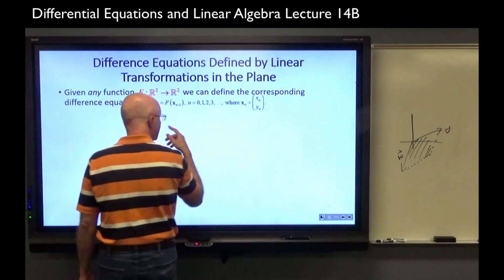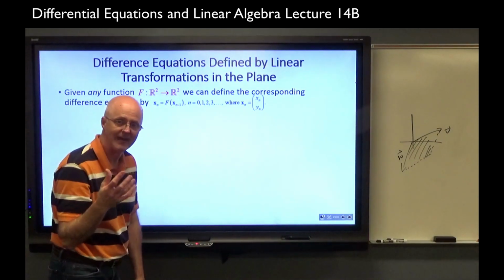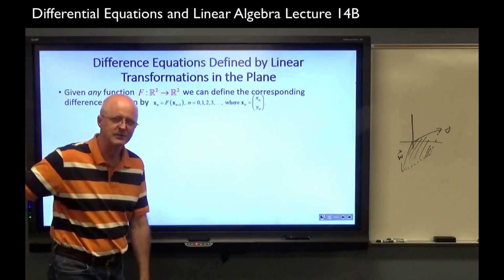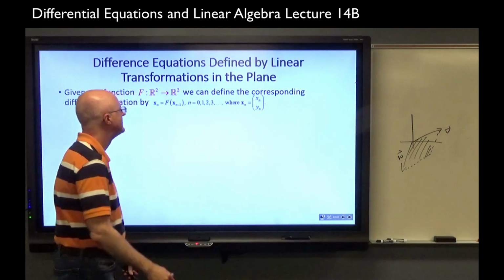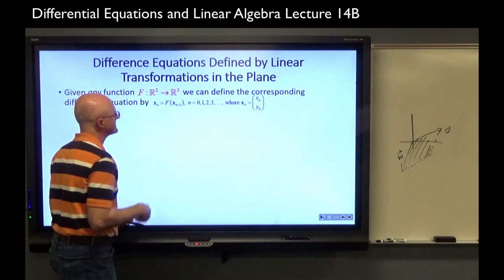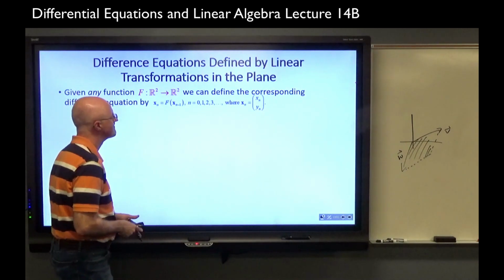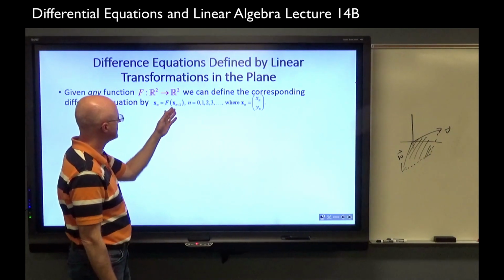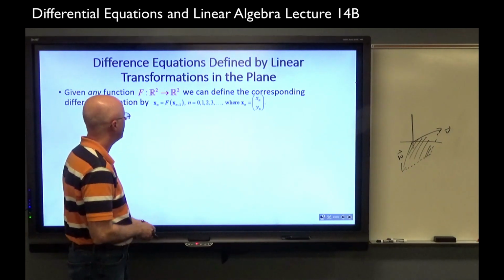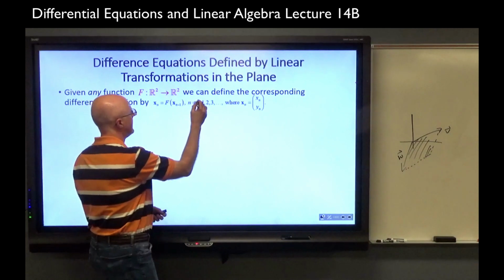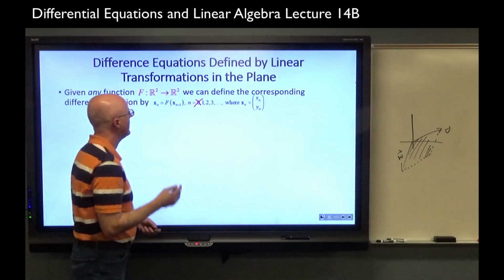Vector x sub n, and I'm using boldface lowercase x, like I mentioned in lecture A where I was using boldface uppercase y. I'm using this for difference equations. x_n equals f of x_{n-1}. Based on this scheme, n can't be 0. n is 1, 2, 3.